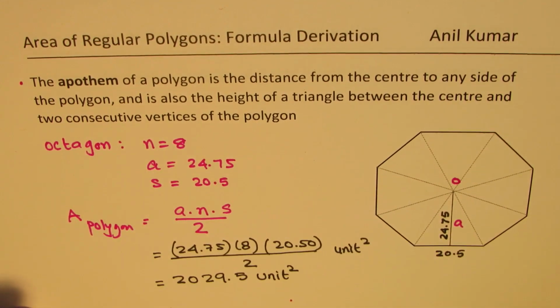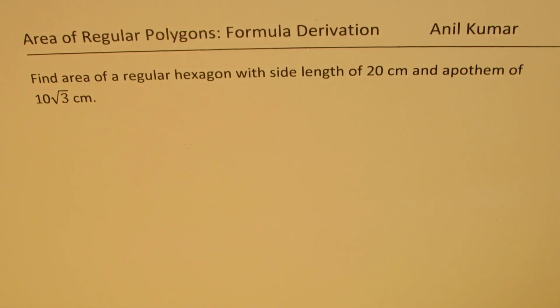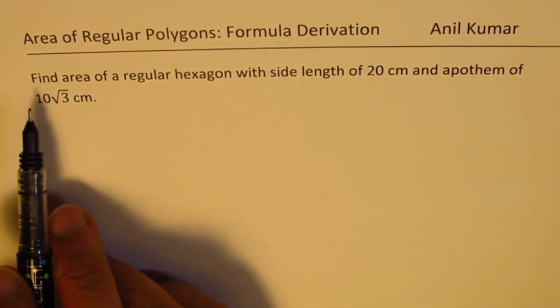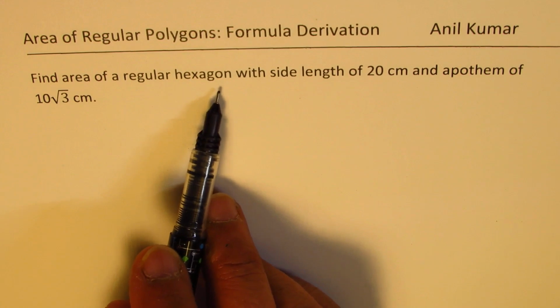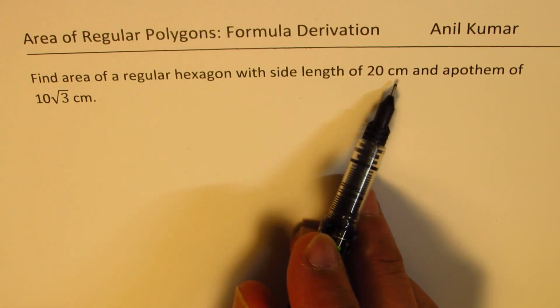Easy, right? Now let's take another example. In these examples, I've given you the apothem and side length. Now in this case, the question is, find the area of a regular hexagon with a side length of 20 centimeters.